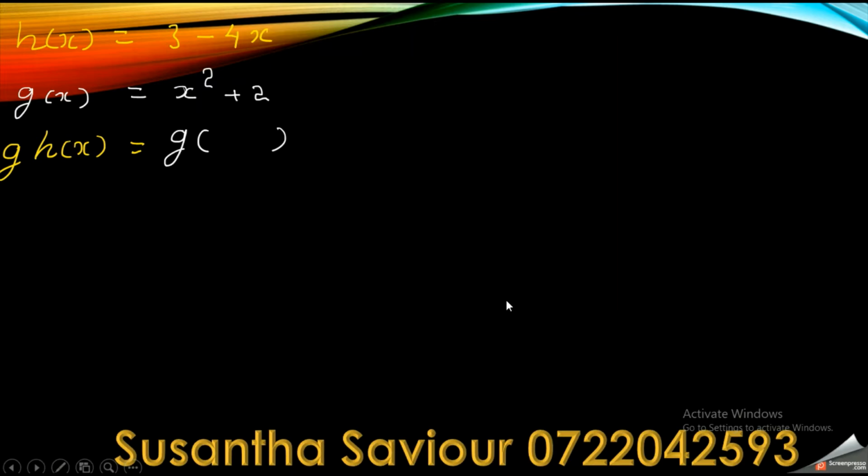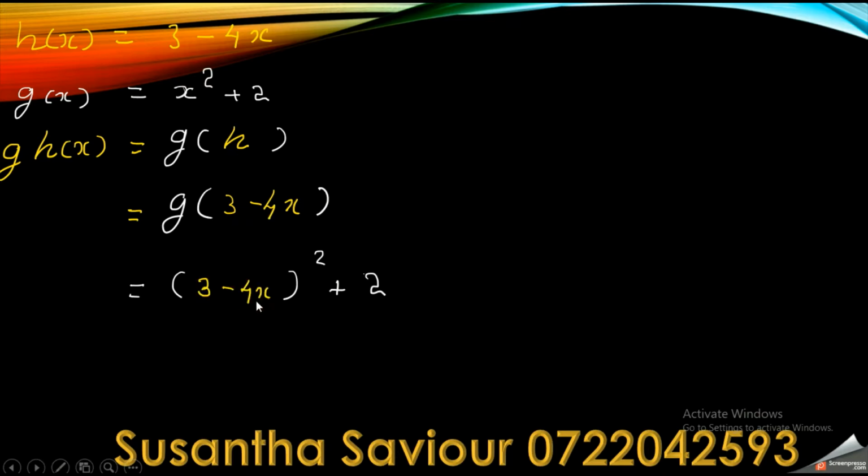g(h(x)) is equal to g(x), inside g you apply h, right? h is actually 3 minus 4x, so in the function g we apply, instead of x, 3 minus 4x, right? (3 minus 4x) whole thing squared plus 2.